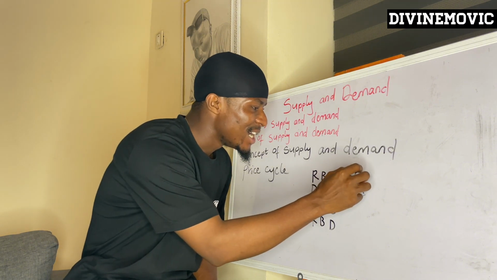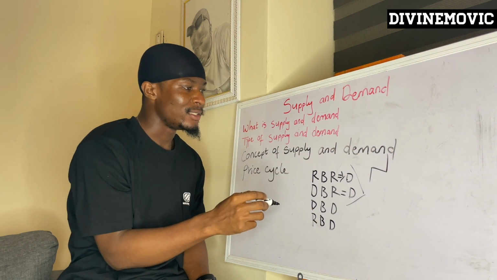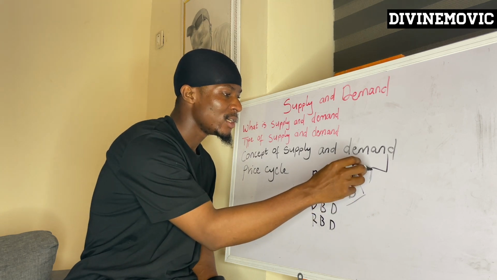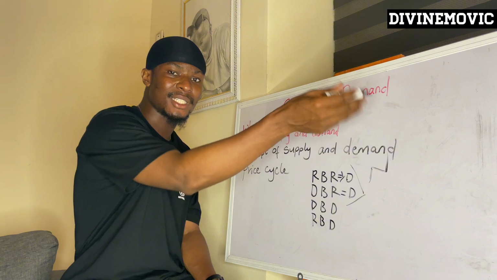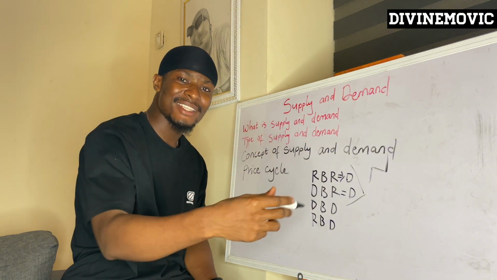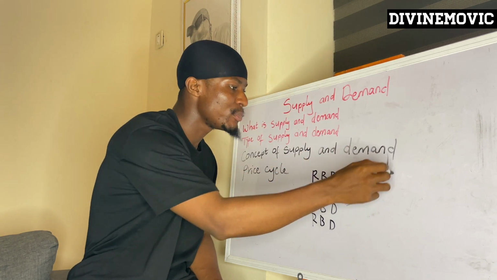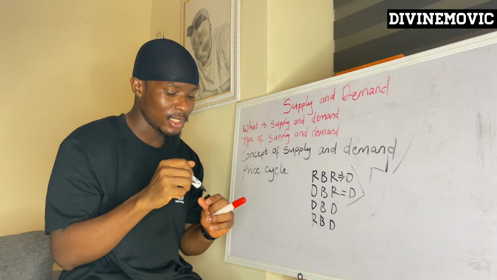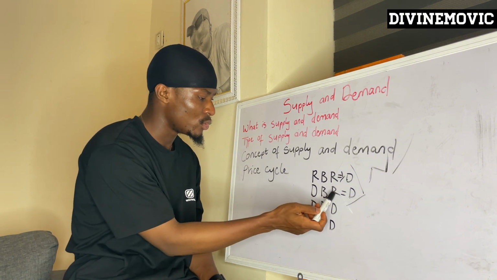It says rally, base, rally. That means there was a rally, there was a base, and there was another rally. That means it's a continuation pattern. Whenever you see a rally base rally, it's telling you that price is going to continue to the upside. So if price comes back to this place, you're simply going to start going to the upside.